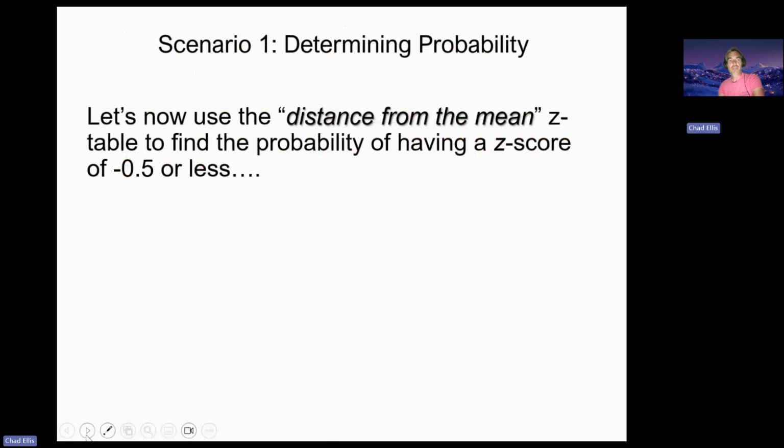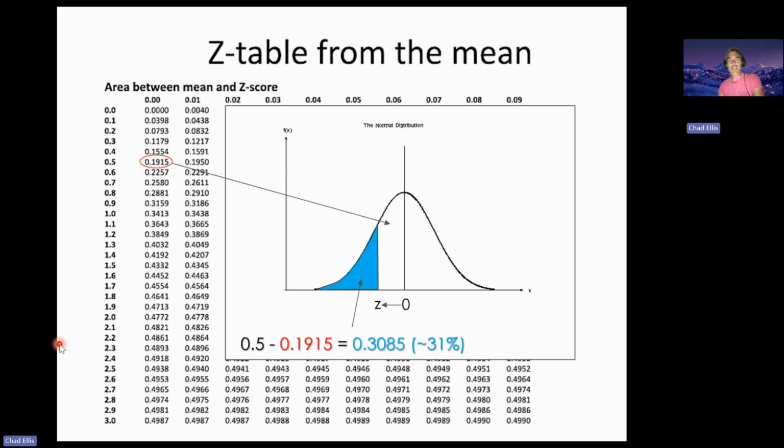Okay, still with the same example, let's use the distance from the mean table. With the distance from the mean table, we don't deal with negative values, even though we have a negative Z-score. We're going to flip that to a positive value. So now we get a probability value of 0.1915, which is essentially this red area right there.